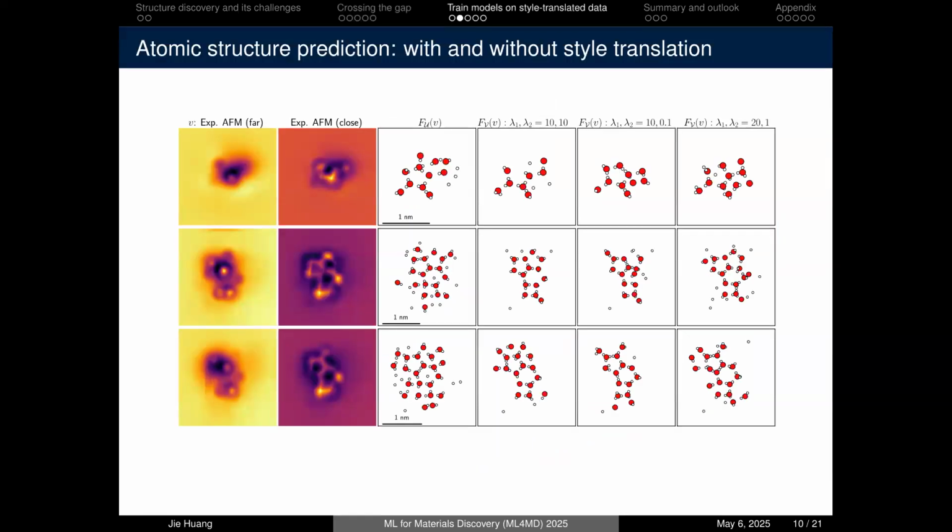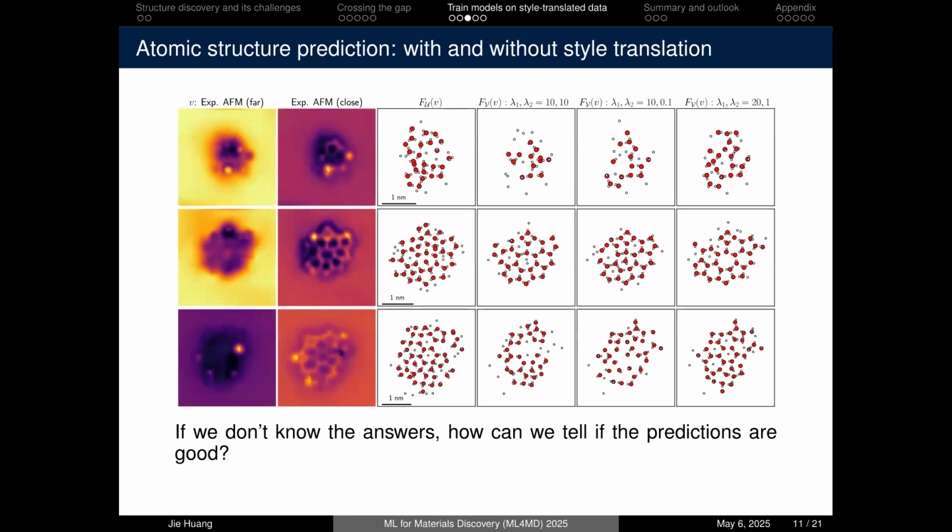And here is the result. This is the experimental image. The first column corresponds to the prediction of the model trained only on simulation images, and the following three columns correspond to the models trained on style translated datasets. And here is some more complex structure.